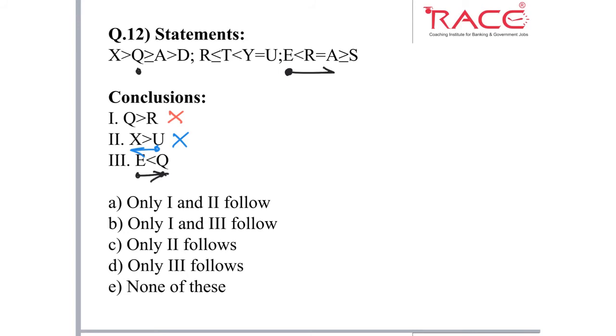From E to A and A to Q, all the signs are open face with respect to the arrow. And we need one highest priority, just one, and that we have here between E and R. So this conclusion follows. So what is our answer? Only the third follows.